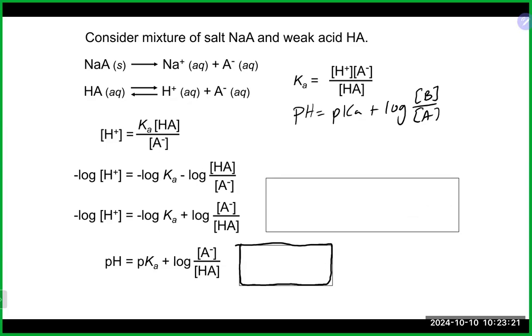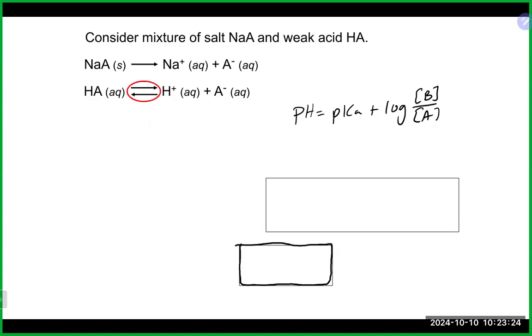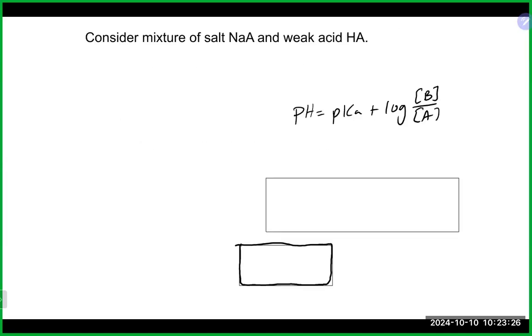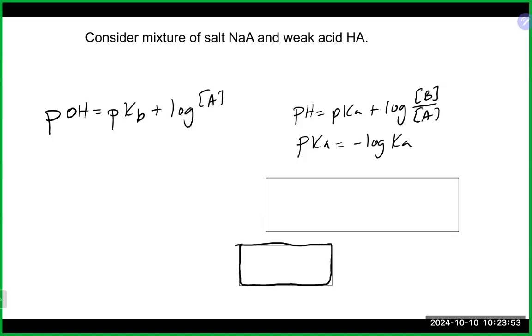Now, there are a couple of other relationships that we'll talk about as well. The pH is equal to pKa plus the log of the base over the acid, and the pKa is equal to minus the log of the Ka value. Much like there's pH and pOH, there is a pOH version of this equation, which is the pOH is equal to the pKb plus the log of the acid over the base.